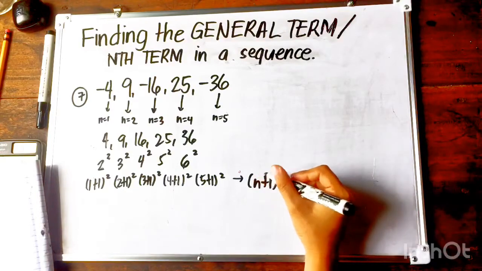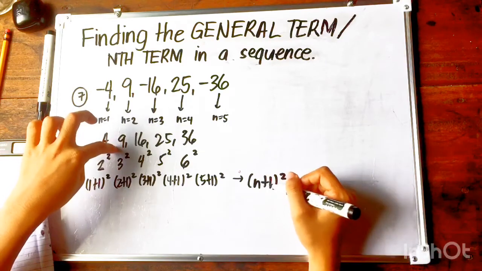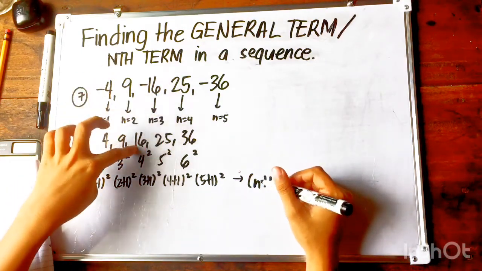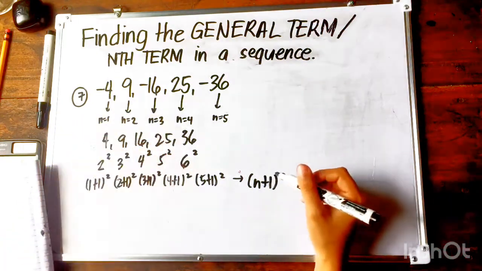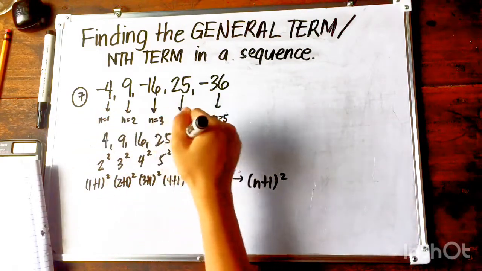Kung n is 1, 1 plus 1, 2 squared is 4. If 2 plus 1 is 3 squared is 9. Pag 3, kasi third term, 3 plus 1, 4 squared is 16, and so on. Okay? So, na-generalize na natin yung pattern dito.